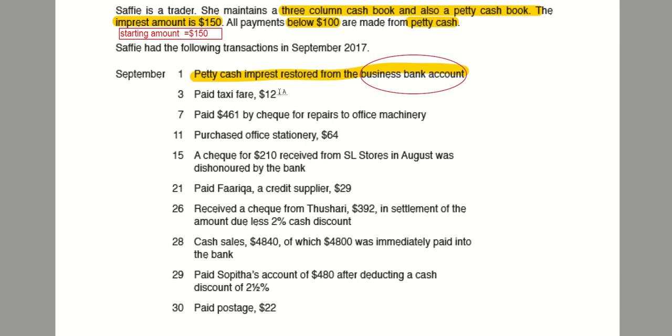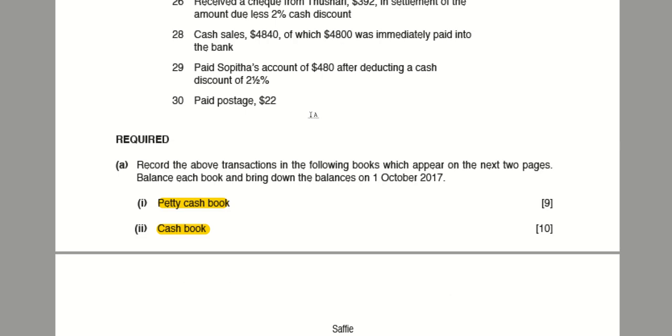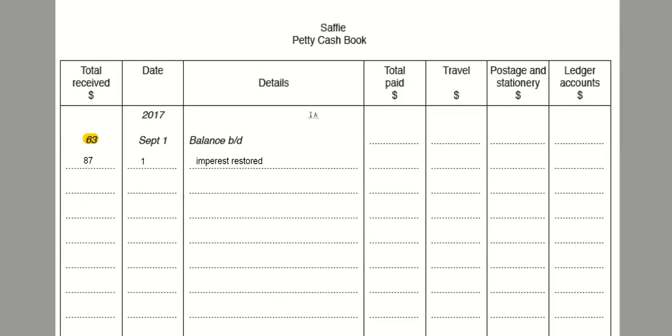It will go on the debit side of the petty cash book and on the credit side of the cash book. But it's not a contra entry, mind you. It is coming in two cash books, but contra entries are only made in the cash book from bank to cash. So let's make an entry in the petty cash book first.